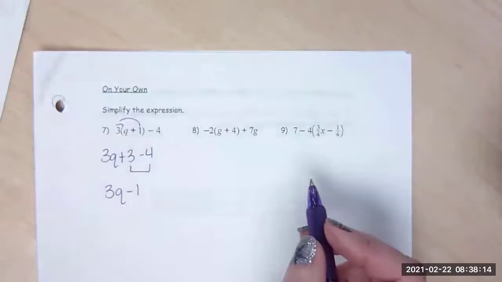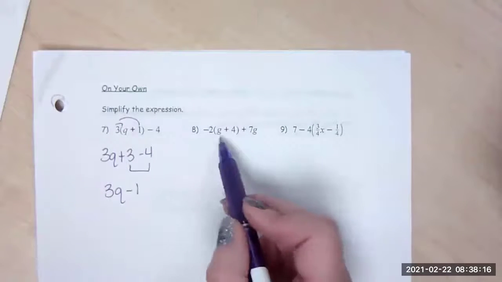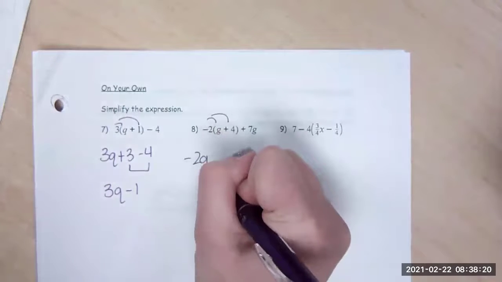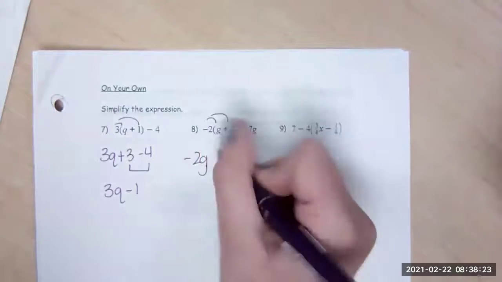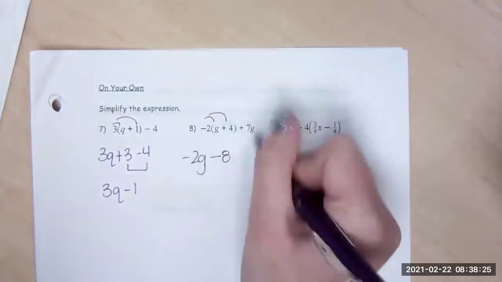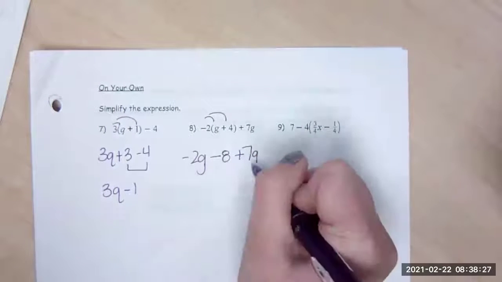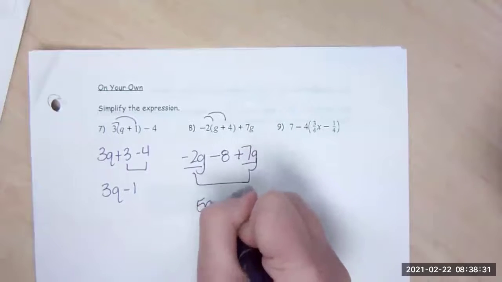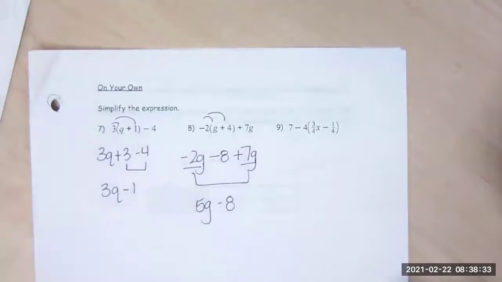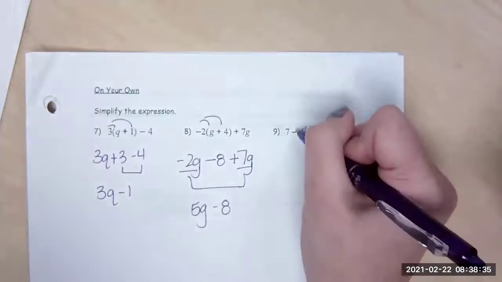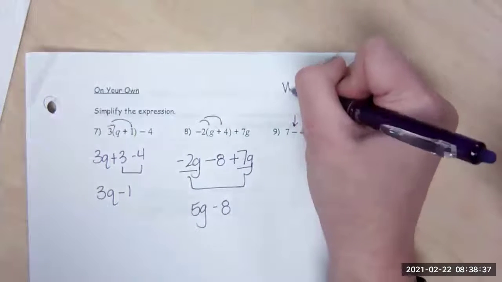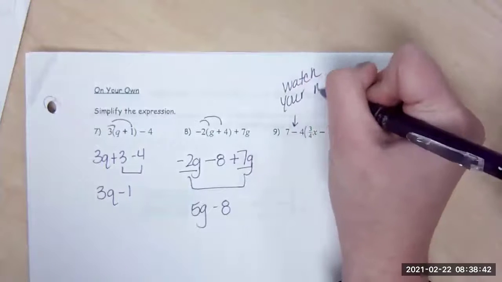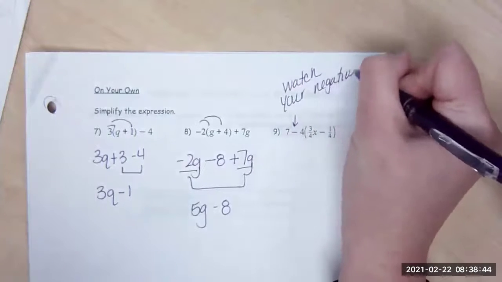Now, the next one, we distribute our negative 2. So negative 2g, negative 2 times 4, minus 8, plus 7g. Combine our like terms, so that gives us 5g minus 8. Now here, remember, we have the negative. Watch your negatives, okay?